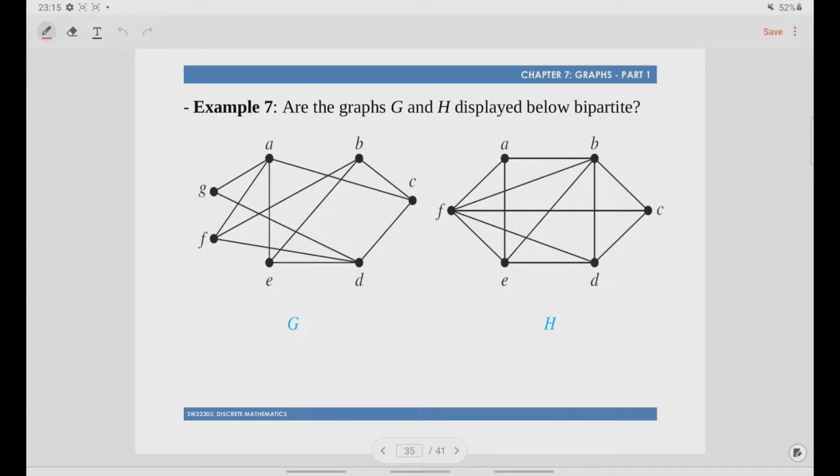That is the answer for this kind of question. You must provide your conclusion. But before you come out with the conclusion, you need to provide the way you came to that conclusion. Provide the steps, provide the methods before you come out with the conclusion, and you can get full marks for this kind of question.